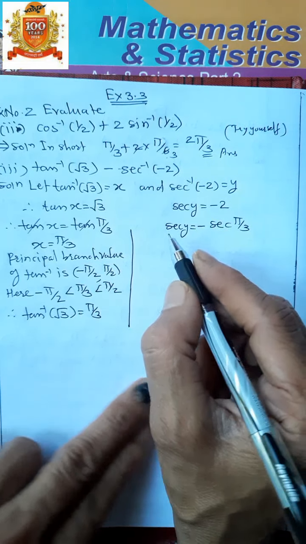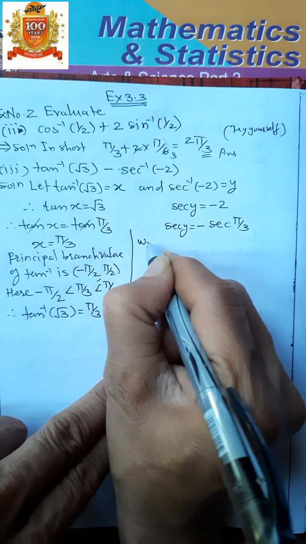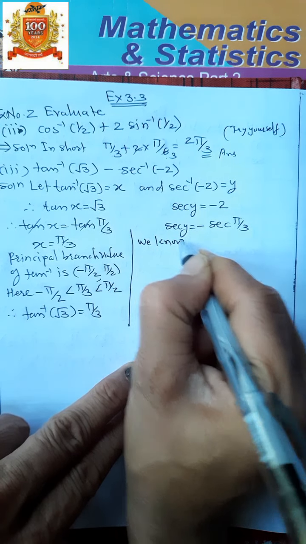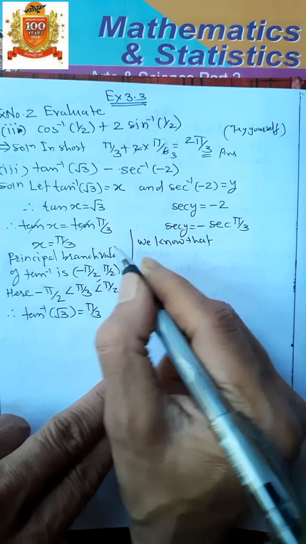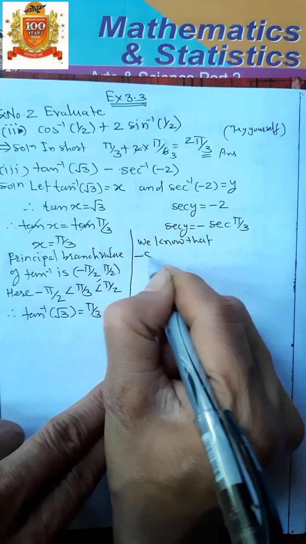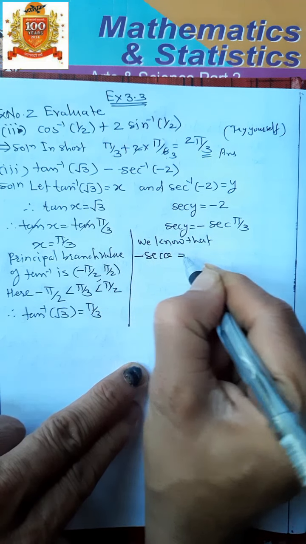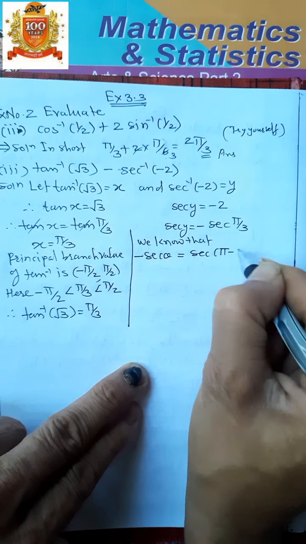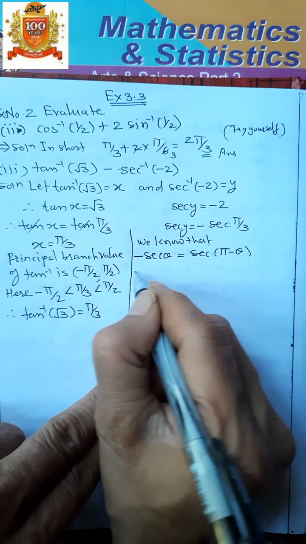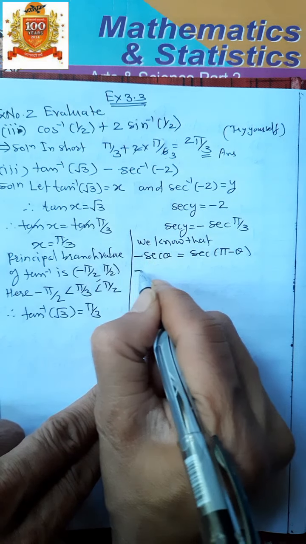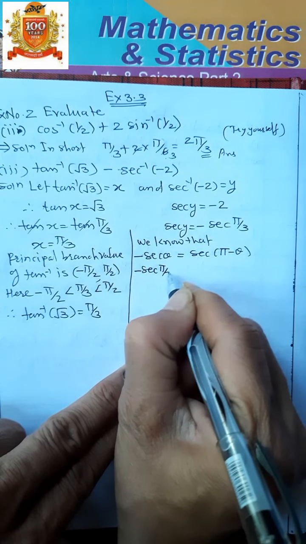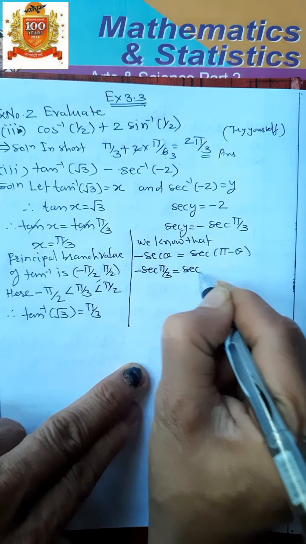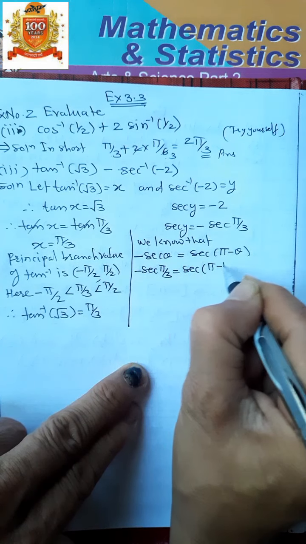Now here we will solve. We know that minus sec theta is equal to sec of pi minus theta. Therefore, minus sec pi by 3 is equal to sec of pi minus pi by 3.